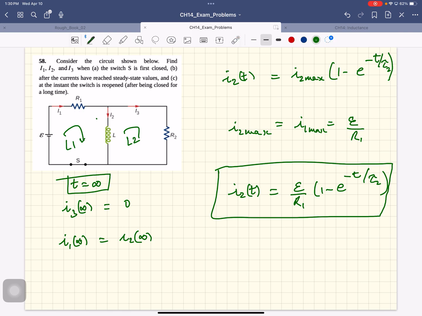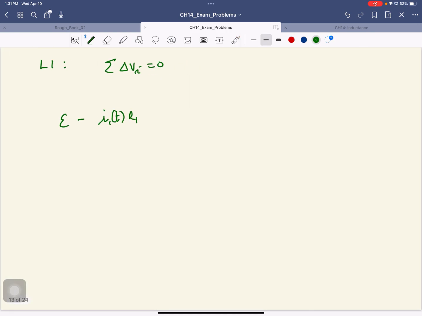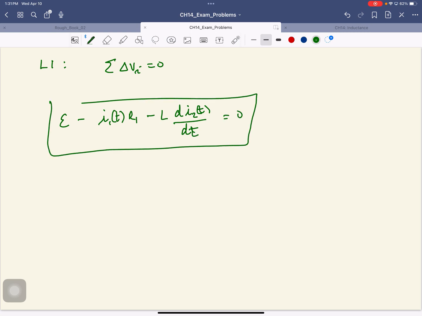Since the current is increasing, this end will be positive and this end negative, and as you go across, you get minus L dI2(t)/dt, equal to 0. So that's loop 1.